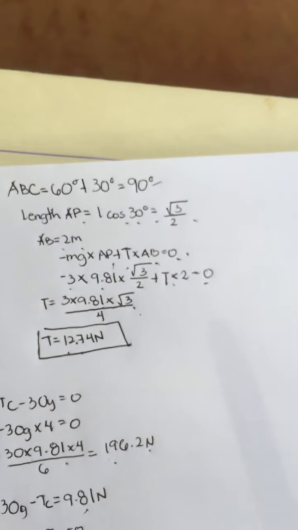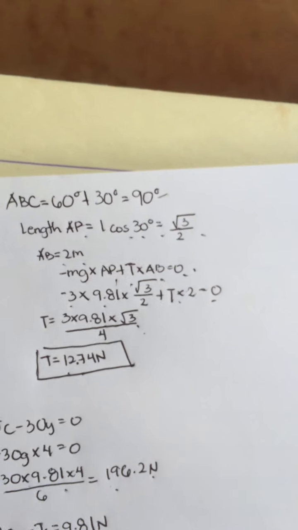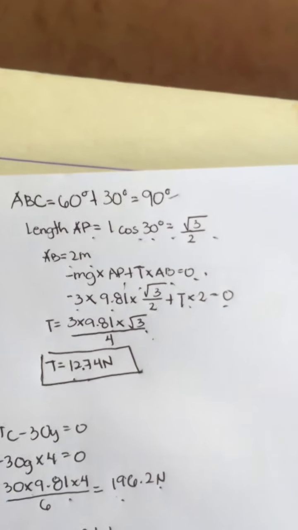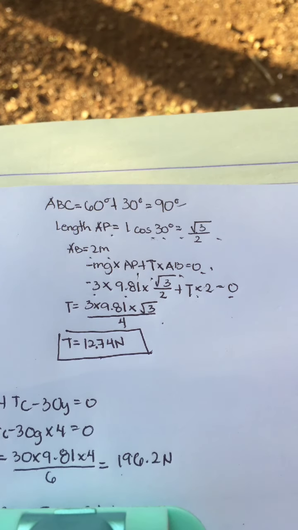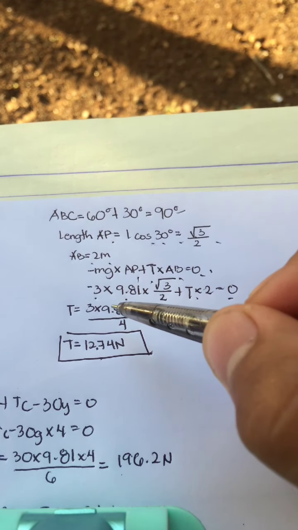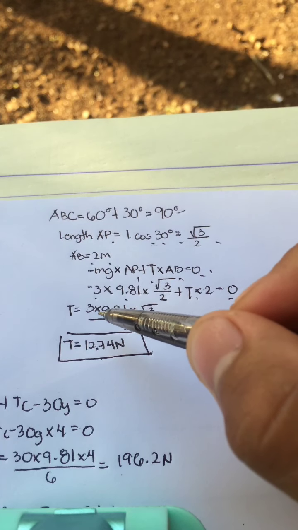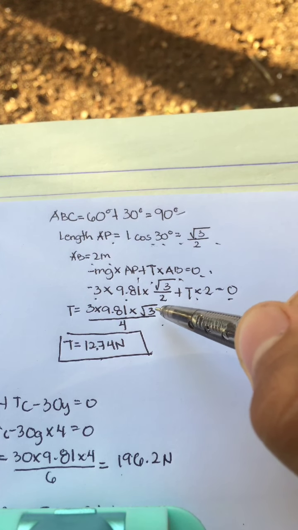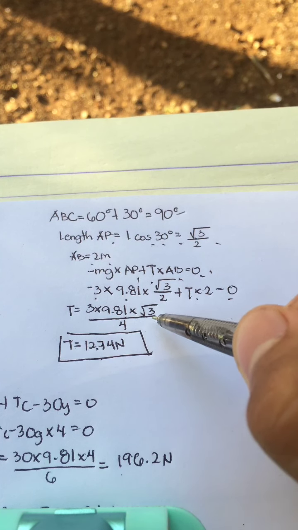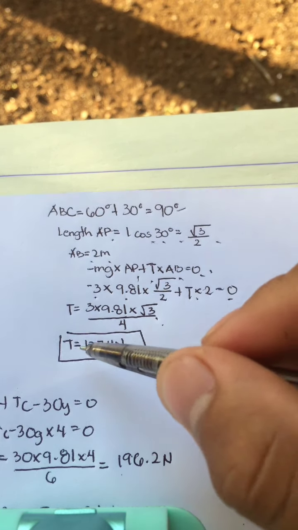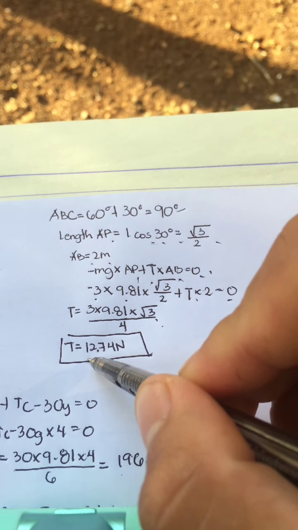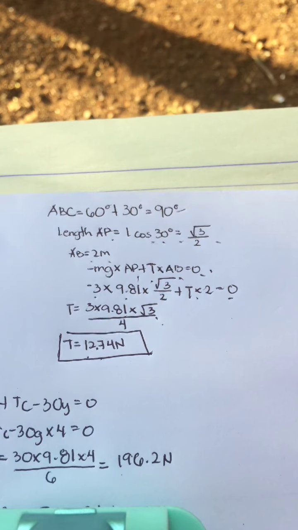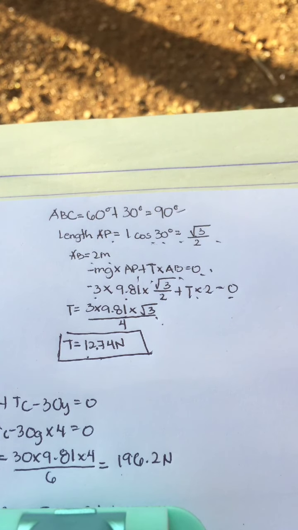To get the tension, we isolate it. So the tension is equal to, when we transpose it, 3 times 9.81 times square root of 3 over 4. When we evaluate, the tension is equal to 12.74 Newtons. This is our final answer for number 1.